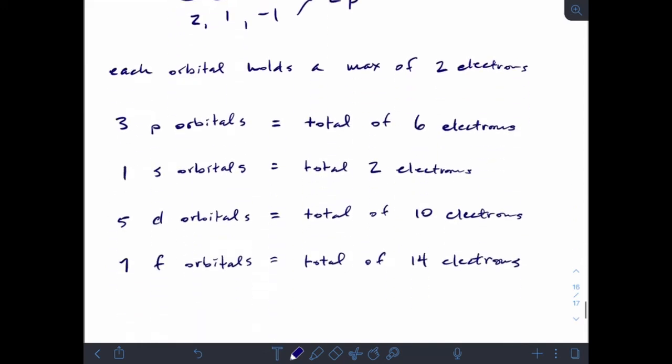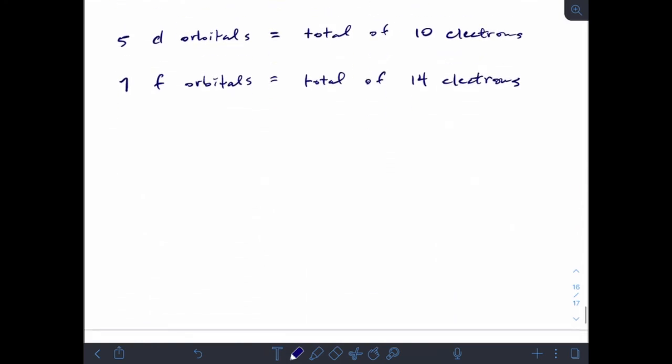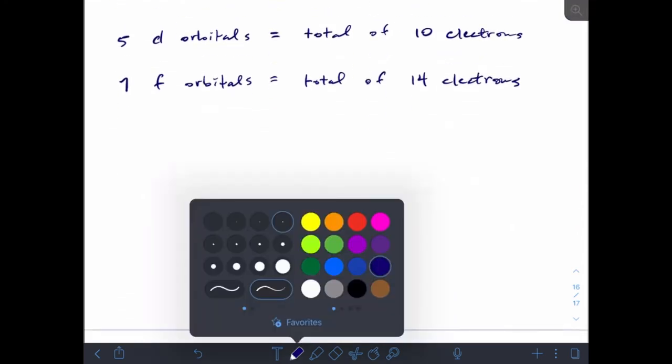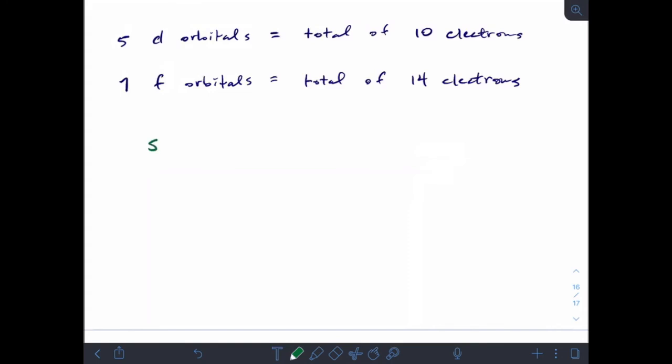All right, so to sum up our quantum numbers, let's switch colors. So for s orbitals, we have an L value of 0. That means m sub L can only be 0. Okay, which is why we only have 1 s orbital per subshell.